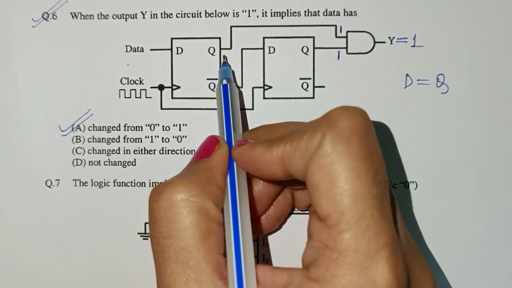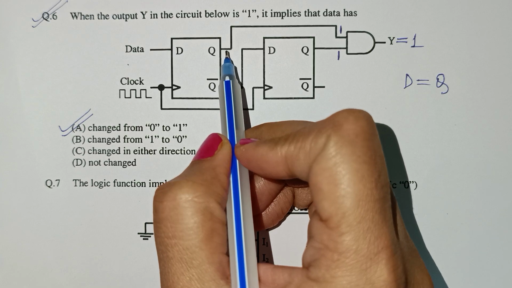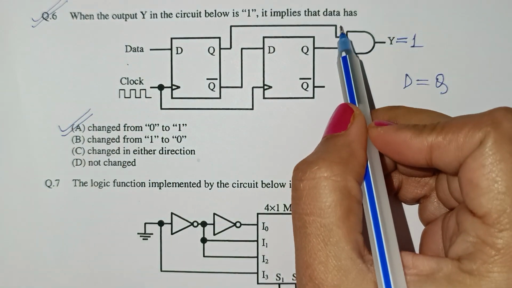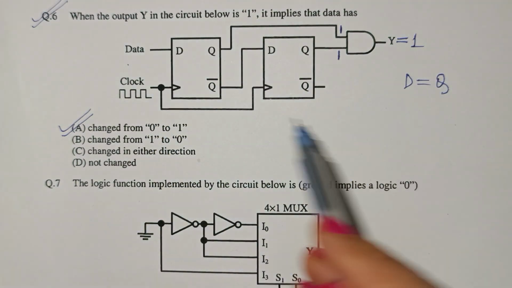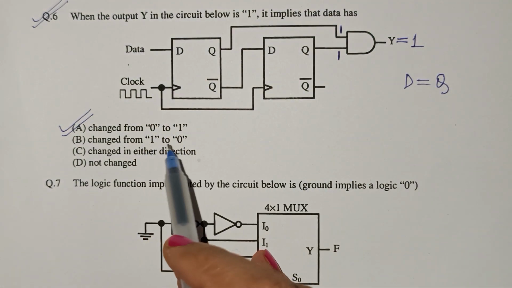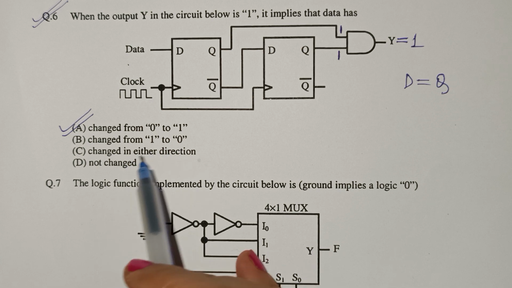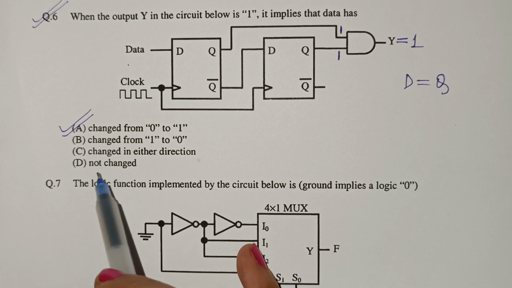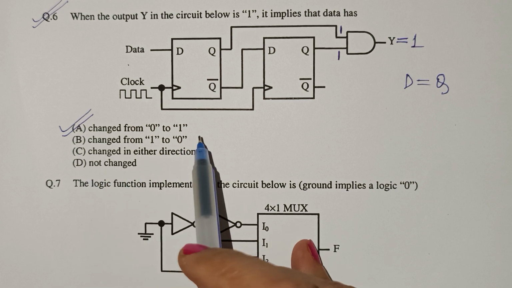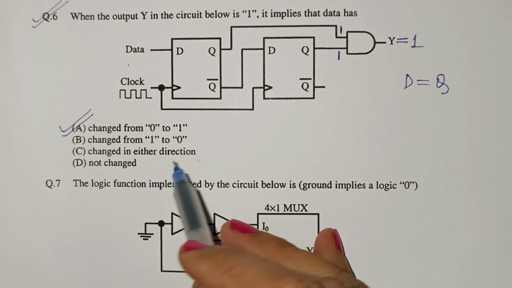This is the condition of a D flip flop. There are different options: the data has changed from 0 to 1, or from 1 to 0, or changed in either direction, that is from 1 to 0 or 0 to 1, or the data is not changed. So let us verify all these conditions.